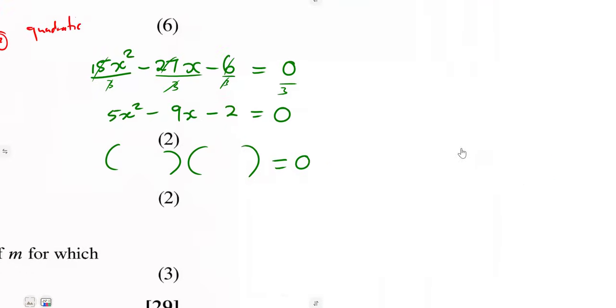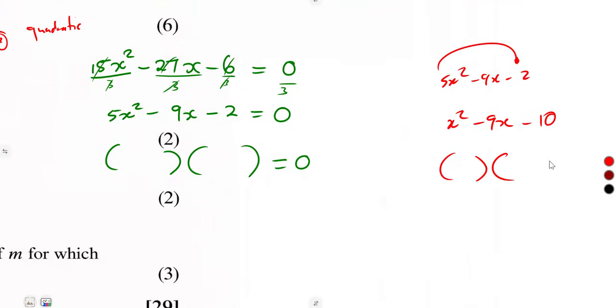As for the factorization, guys, as for me, I'm just going to apply that cheat method. Remember, we have to get rid of this 5 here by multiplying. So it's x squared minus 9x minus 10. Two brackets, x, factors of negative 10, which will give us negative 9 when you add: negative 10 and 1.